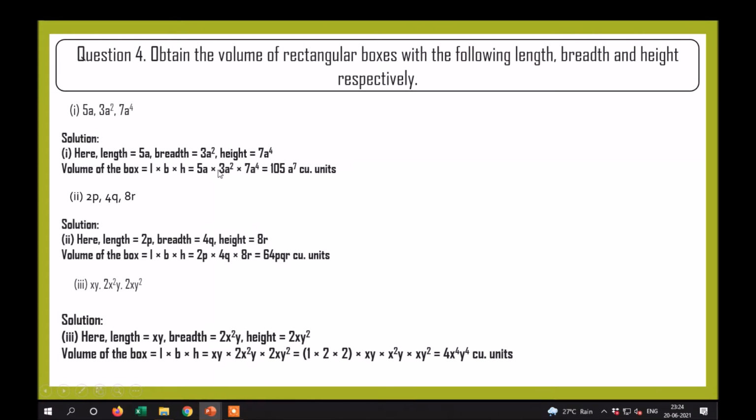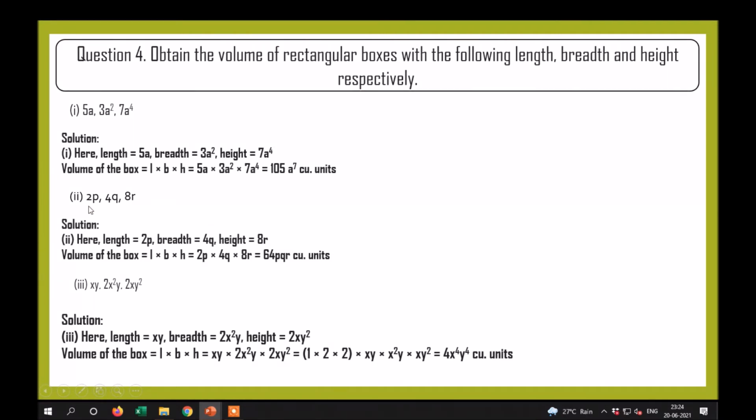So 5 into 3 is 15. 15 into 7 is 105. How many a's are there? 1, 2, 3 and 4. That is 7. So 105 into a raised to 7 cubic units.